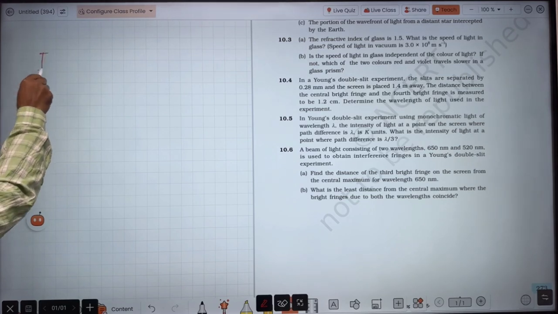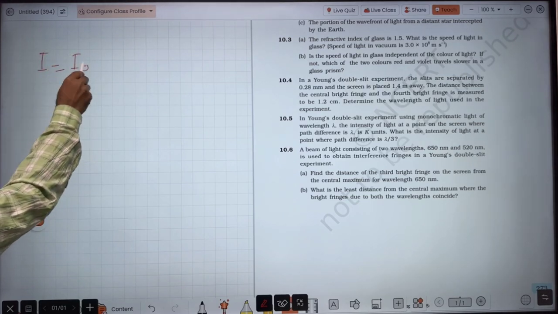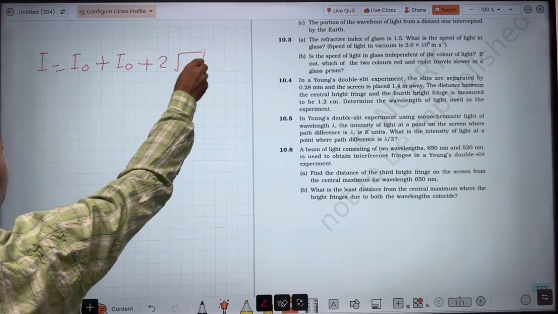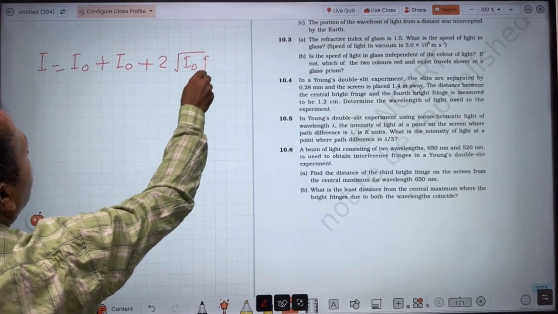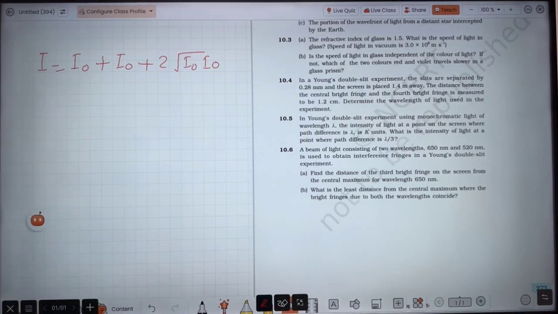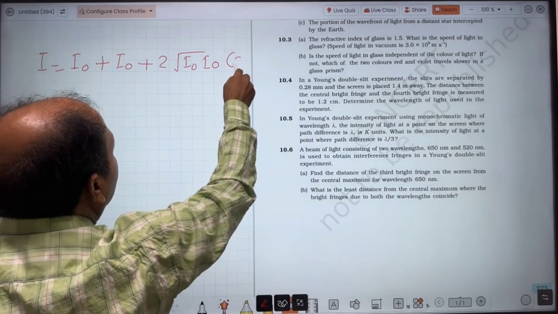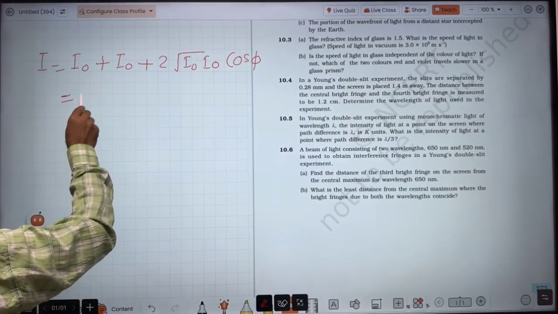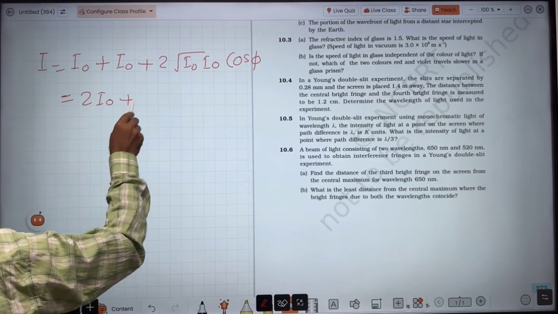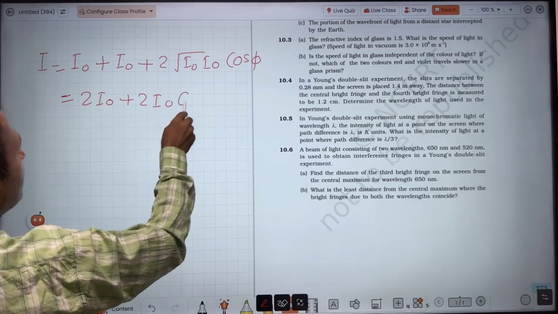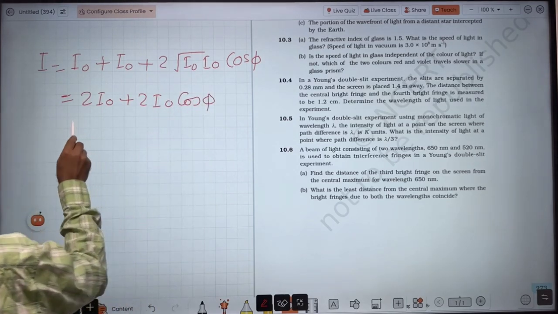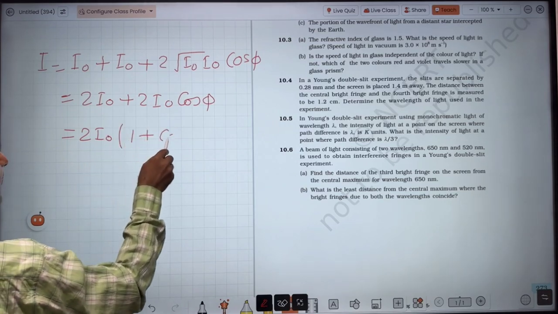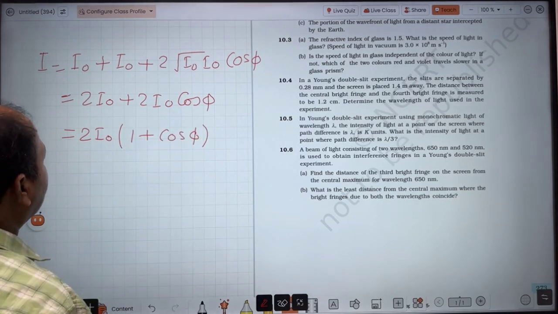So here we write I equal to I0 plus I0 plus twice root of I0 times I0 times cos phi, right? And then this becomes 2I0 plus 2I0 cos phi, or further 2I0 we take out, then 1 plus cos phi will be left.